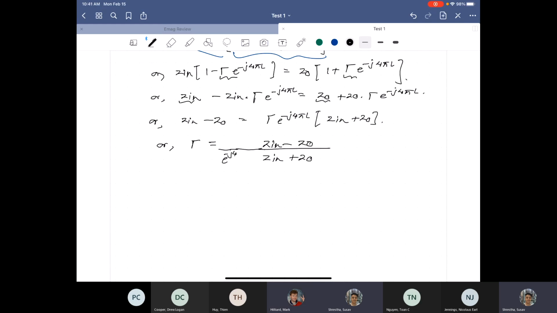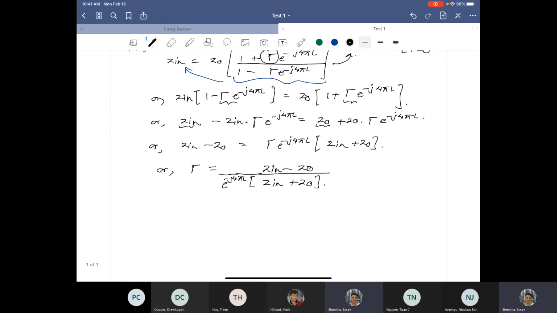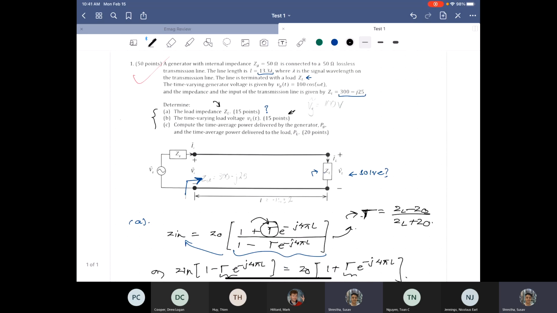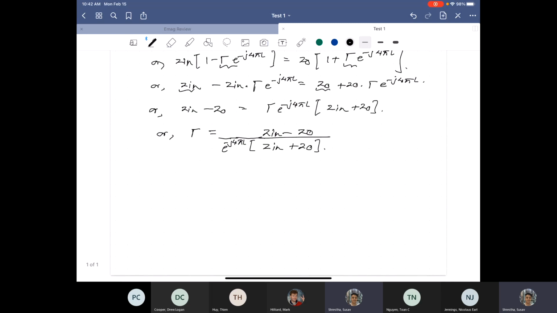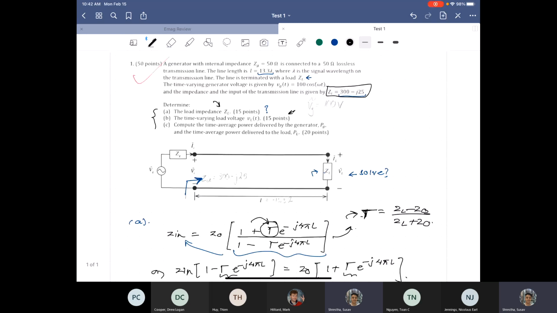Yeah, we calculate one moment. All right. So Z in we have is 300 minus 25J. We have our Z naught as 50 ohms. And L is 13.3 lambda.